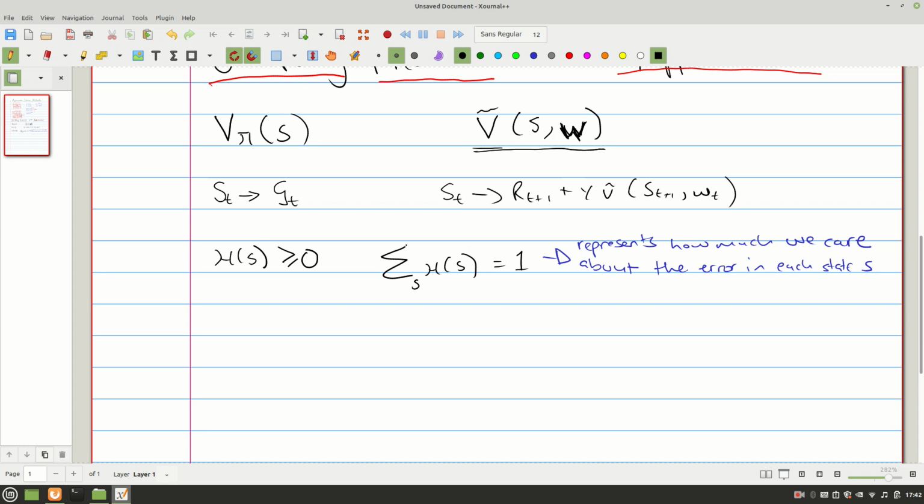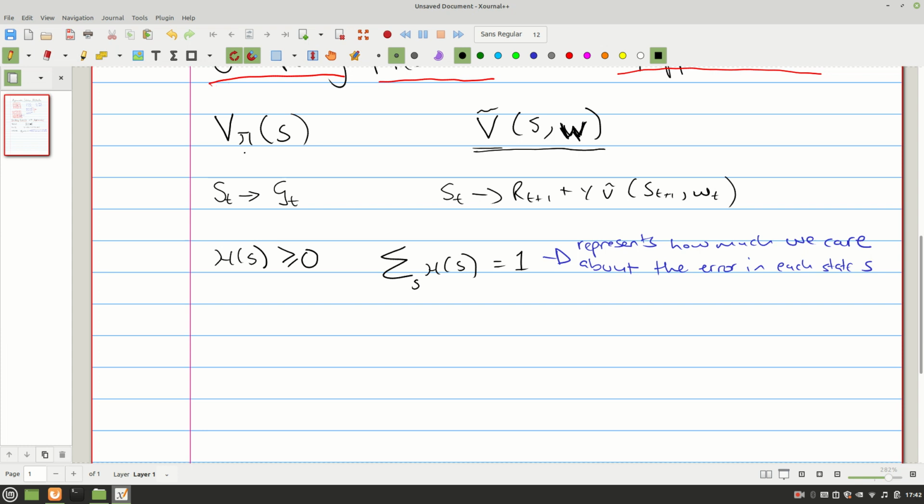So for this, when we say it represents how much we care about the error in each state s, we actually need to define what this error is. So we define what we call the mean squared value error. This is the objective we try to minimize when we're trying to learn the true value of a given state.